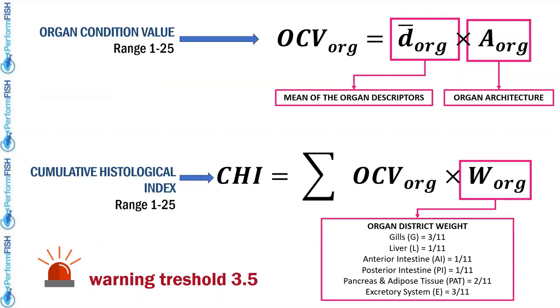Instead, an increasing CHI indicates that variously severe pathological changes have appeared, which may or may not be biologically relevant, depending of course on which organ district is most affected, as inferred from the different weight of the organ in the CHI formula. Of course, this is the importance of the organ district expressed as a weight.